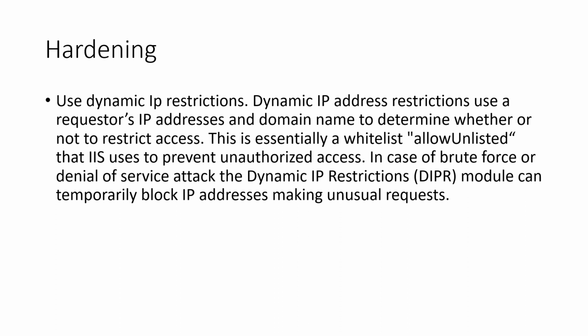In a case of brute force or denial of service attack, the dynamic IP restriction module can temporarily block an IP address making unusual requests. So this prevents any type of, like I said, brute force attacks and denial of service attacks.